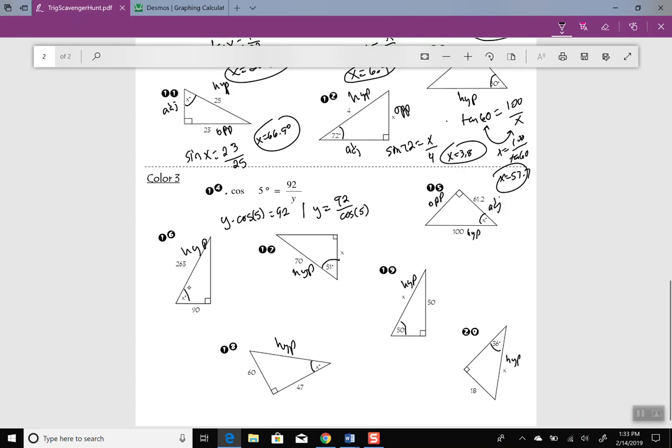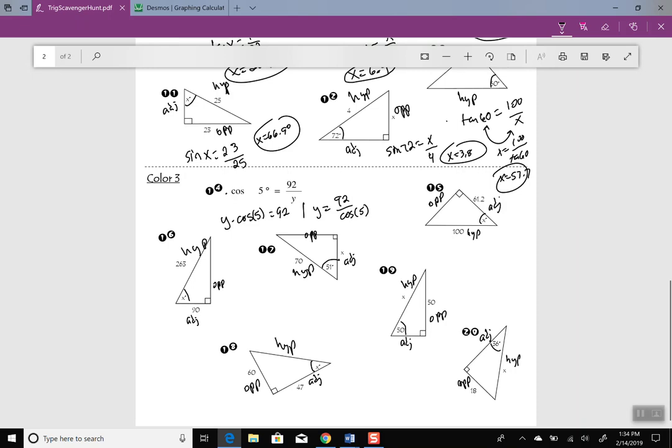Here's my angle, so there's adjacent, this is opposite. Angle, so there's your hypotenuse, this is the adjacent, and then opposite. And then angle, adjacent, and opposite.